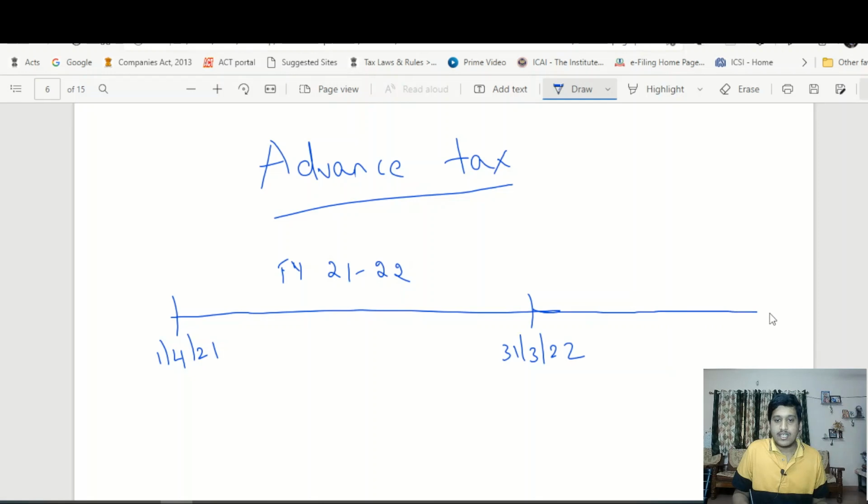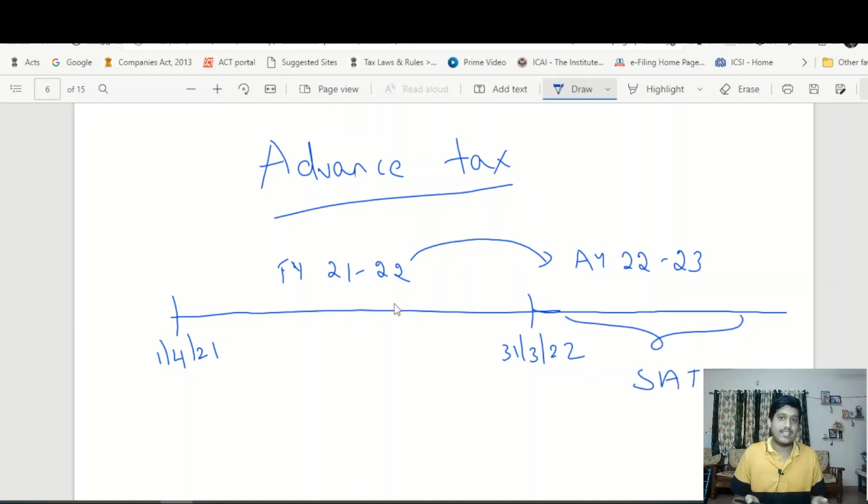From 1st April 2022, for this financial year, the corresponding assessment year is AY 22-23. So the tax that is paid during the assessment year is called self-assessment tax, and the tax which is paid during the financial year when you are earning the income is called advance tax.